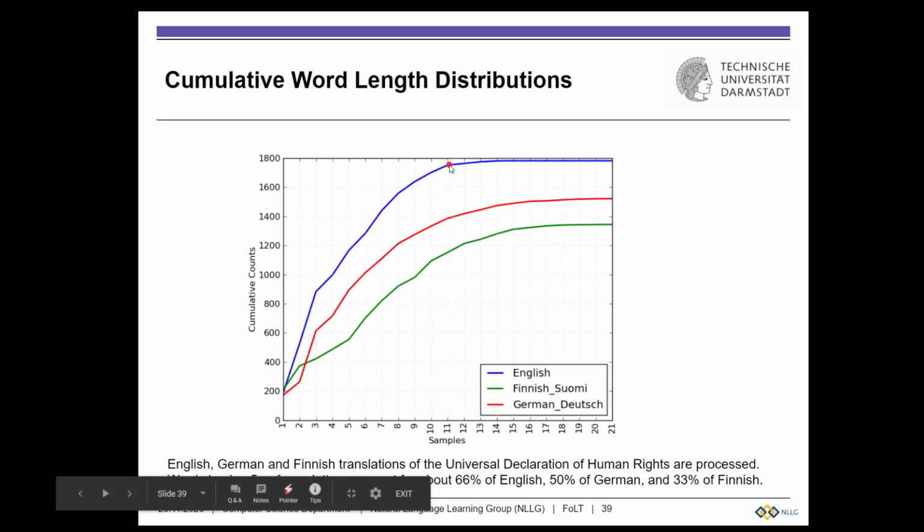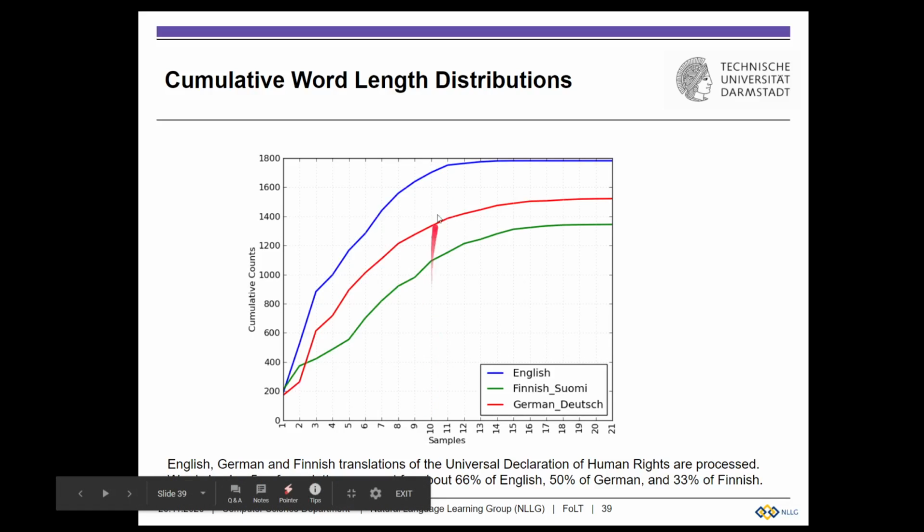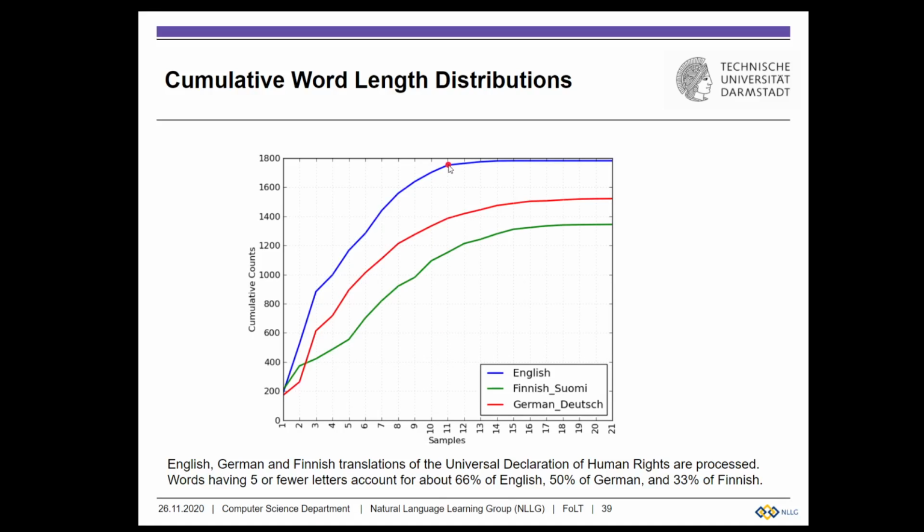You see here, let's say, 750 words have less or equal than, where's 10? 10 is here. Let's say 11. So 780 words have less than or equal to 11 characters in English.